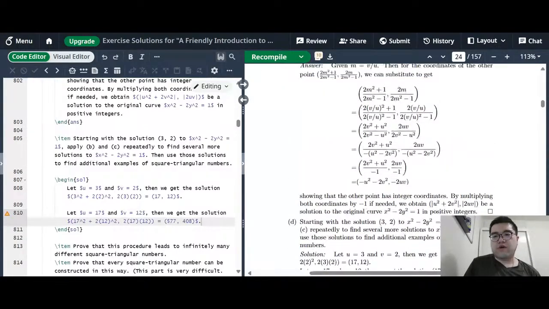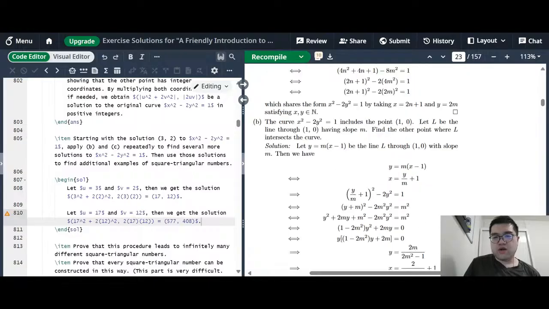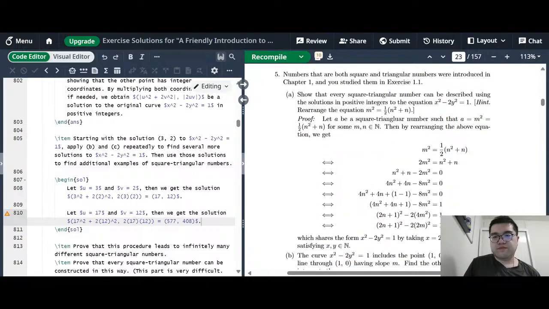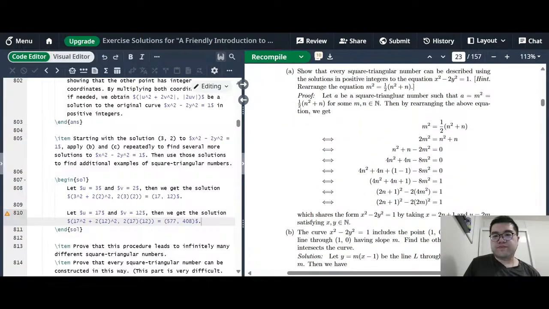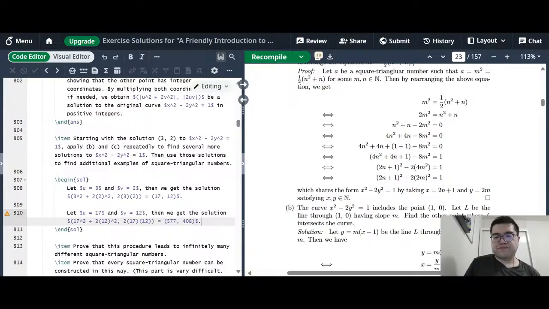Well, recall that in part A, we actually have x is equal to 2n plus 1 and y is equal to 2m, where m is actually the square root of the square triangular number.